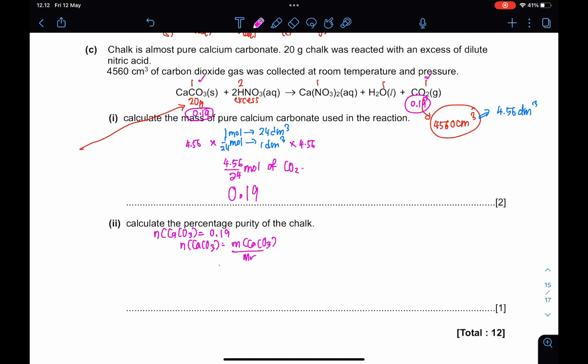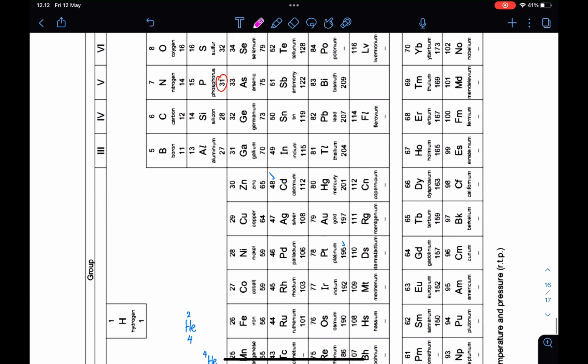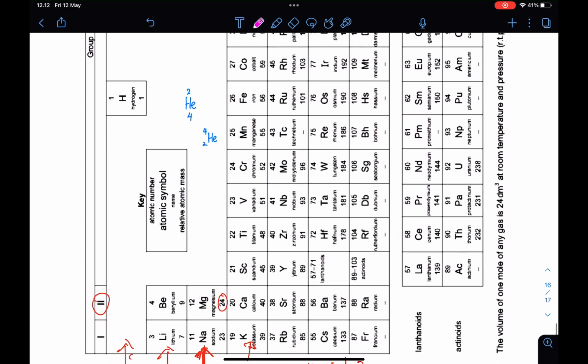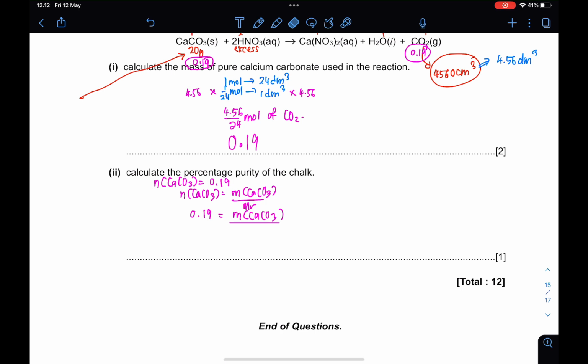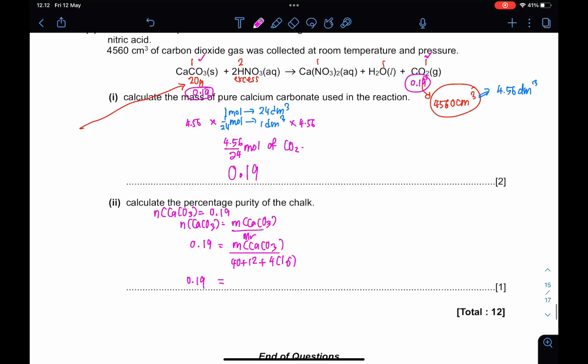The number of moles of calcium carbonate is going to be mass of calcium carbonate divided by Mr. So all this you can check over here: calcium is going to be 40, carbon is going to be 12, oxygen is going to be 4 times 16.